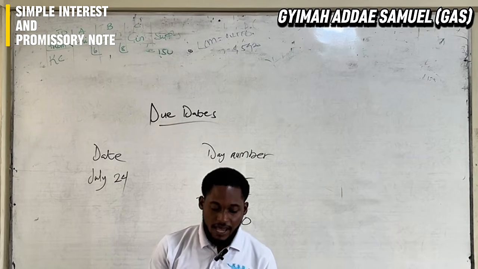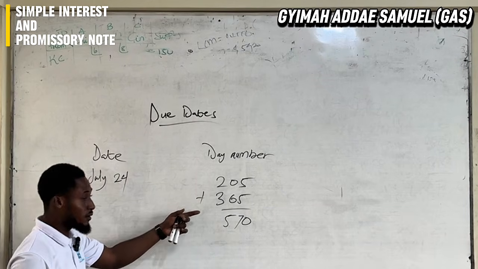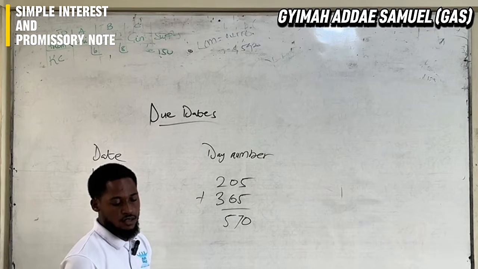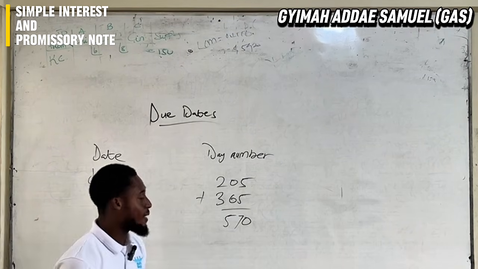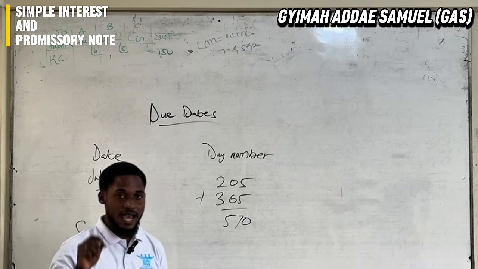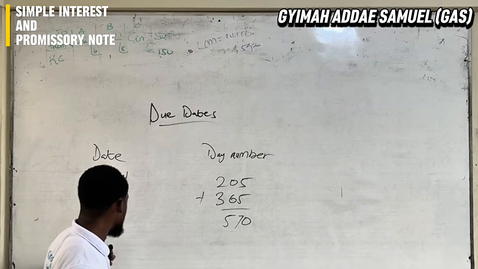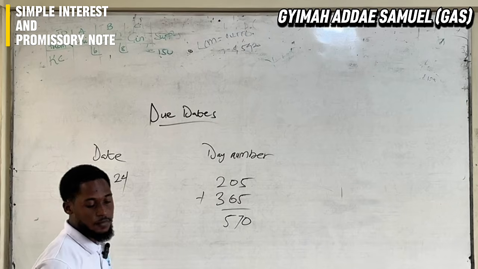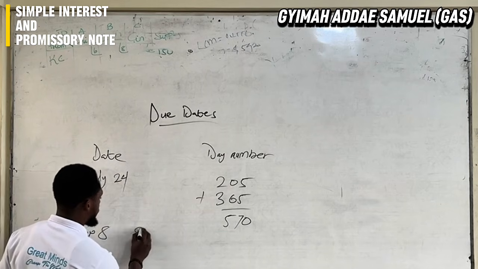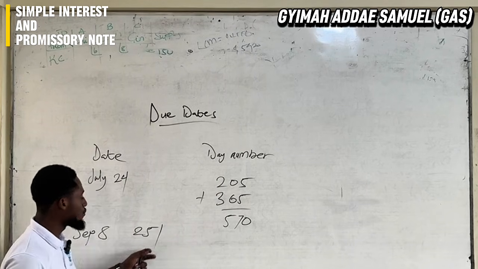After adding the 365 to the day number of July 24th, as a result of it extending into the next year, you come and find the day number of September 8th, when the loan was taken. September 8th day number is 251.